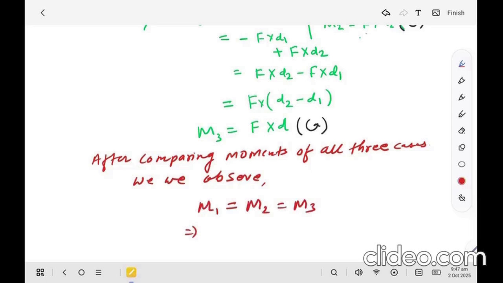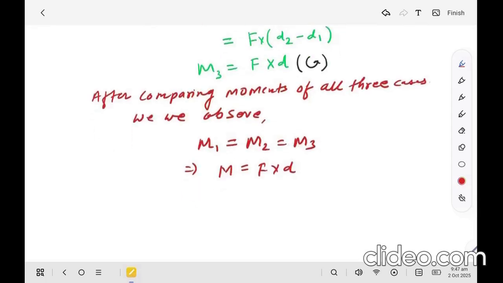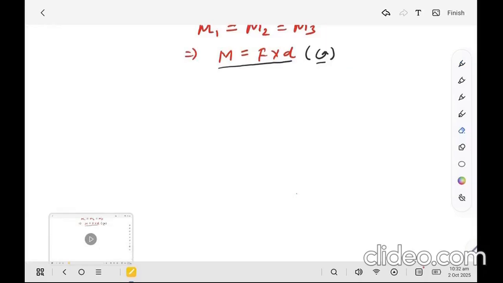It means the value of m is F into d and the direction is anti-clockwise in all cases. So m1, m2 and m3 in all cases have the same magnitude and direction.